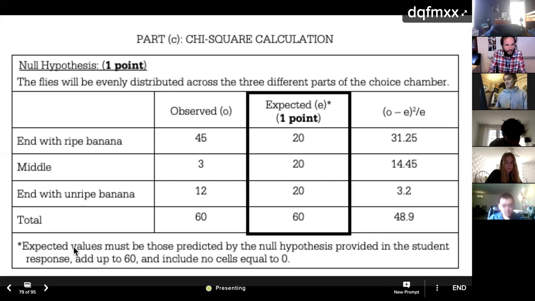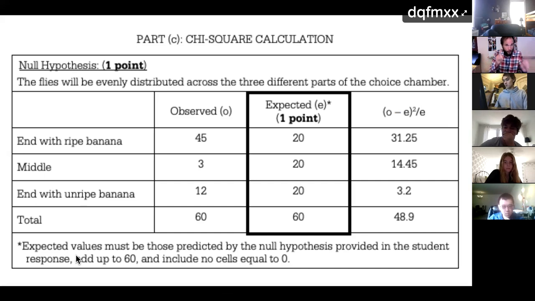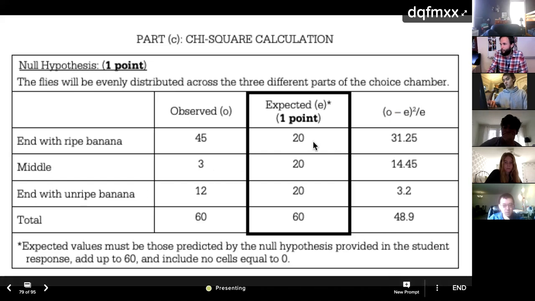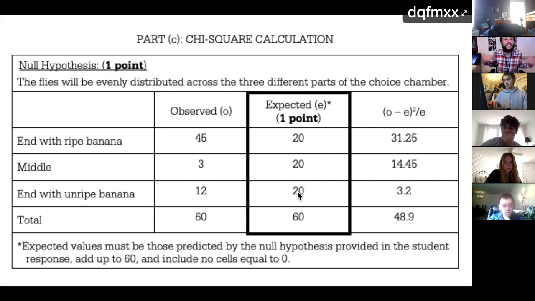In fact, you can even see down below, expected values must be those predicted by the null hypothesis. If your null hypothesis was like ours, that there's no difference between the ripe banana compared to the unripe banana, you're going to end up with 30, 0, 30 there. And when the readers look at your work, they're going to give you credit for that.